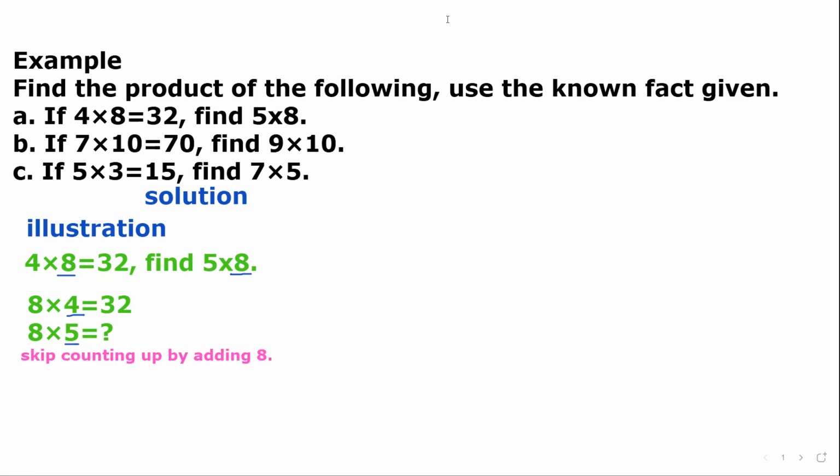So you start with this one. We are going to add the 8 to the number that we have here to get the unknown facts.